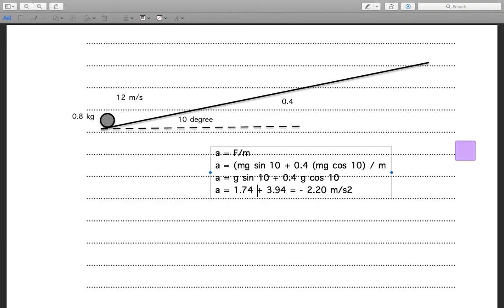But everything is negative, because this is about the direction, it is opposite to the motion, so it is negative.